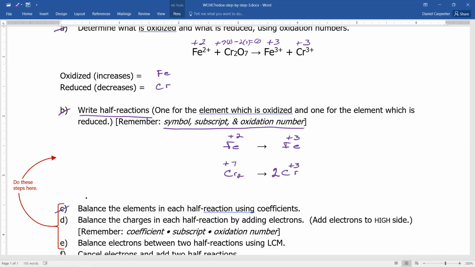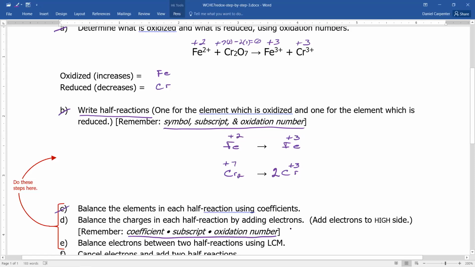Part D, balance the charges in each half reaction by adding electrons. Add electrons to the high side. Remember, in this step, it's coefficient times subscript times oxidation number.